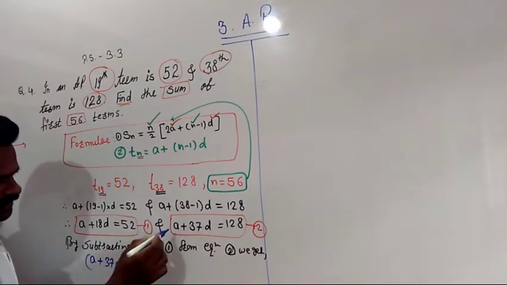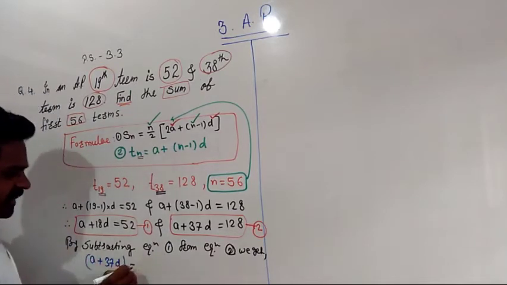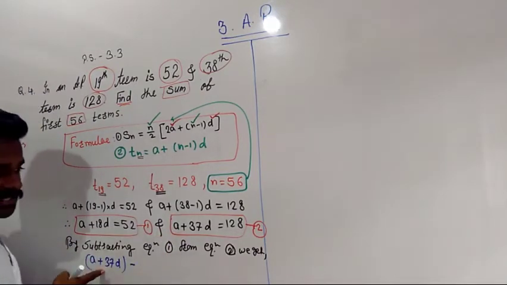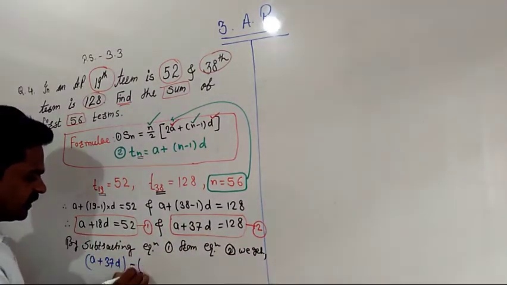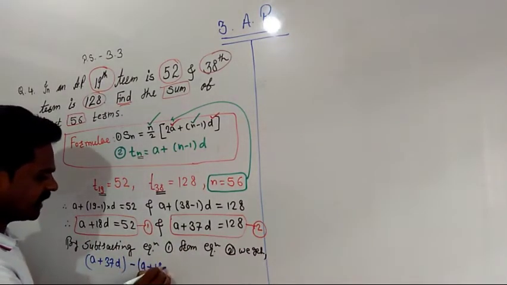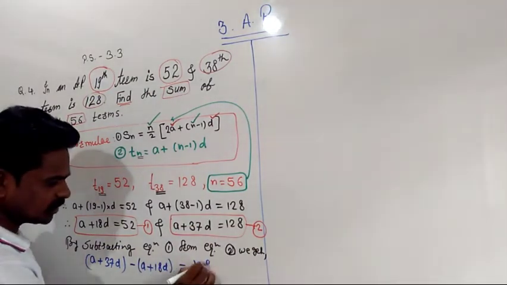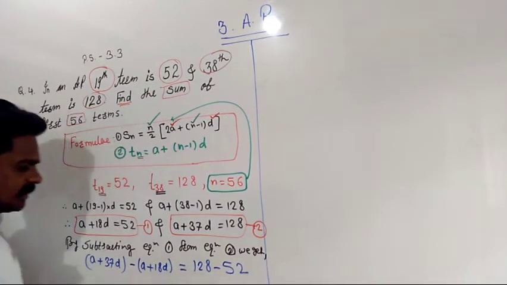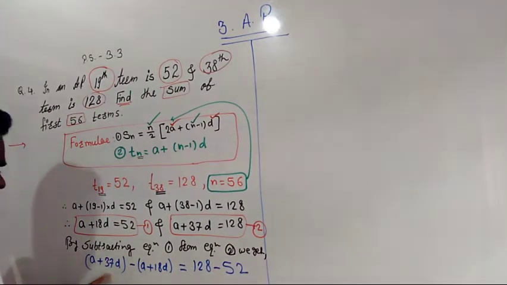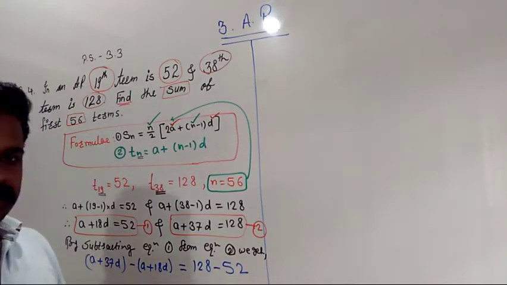Subtract LHS from LHS and RHS from RHS, minus, this is the LHS of equation 2. Now take the LHS of equation 1: A plus 18D is equal to, take RHS of equation 2, 128, minus RHS of equation 1, 52. Hence we got A plus 37D minus A plus 18D is equal to 128 minus 52.